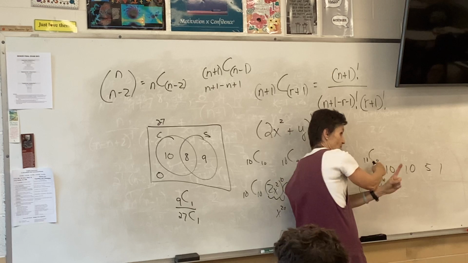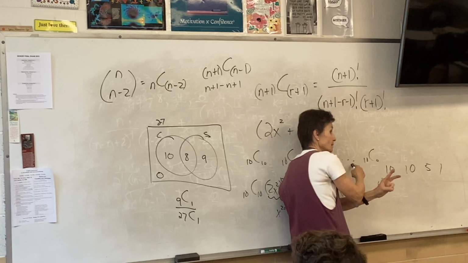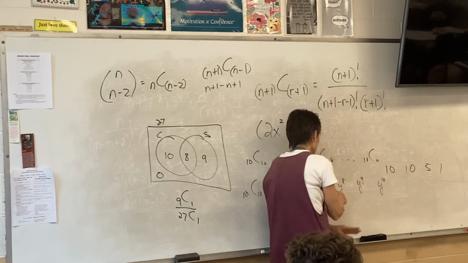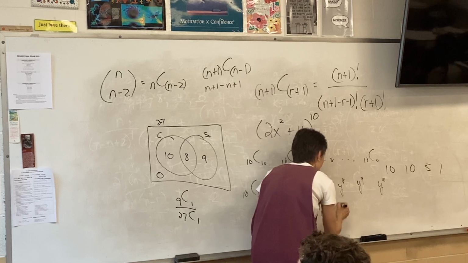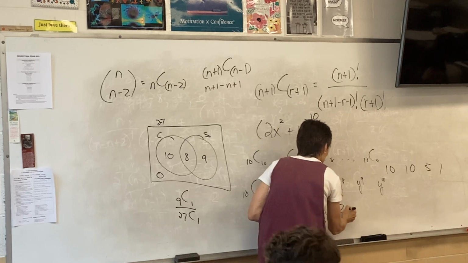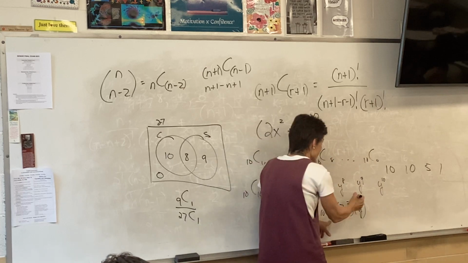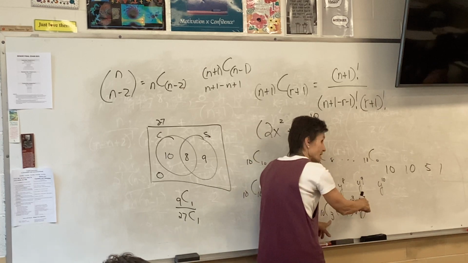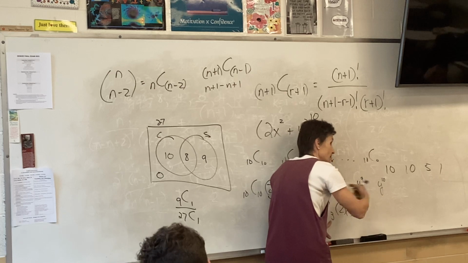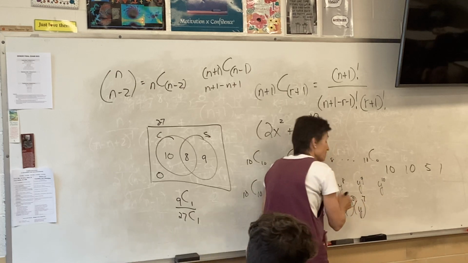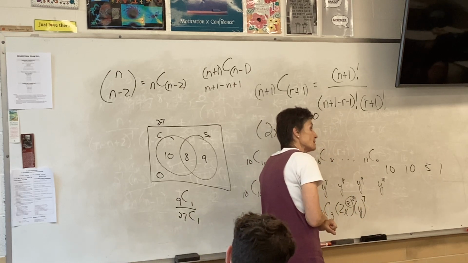So 10C0, 1, 2, 3. So this is going to be 10C3, and then 2x squared, y. And if that's a 3, and that's a 7, and I know that's a 7 because I counted, then that will give me my x to the 6th.